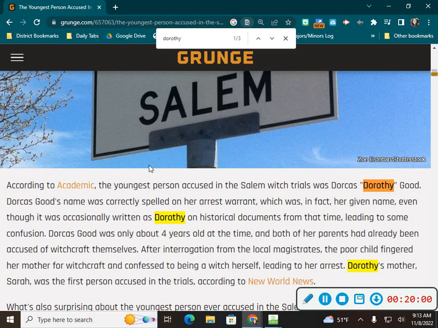Quotation marks. So I'm going to say, according to Academic, the youngest person accused in the Salem witch trials was Dorothy Good.